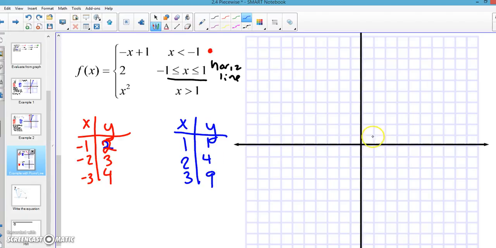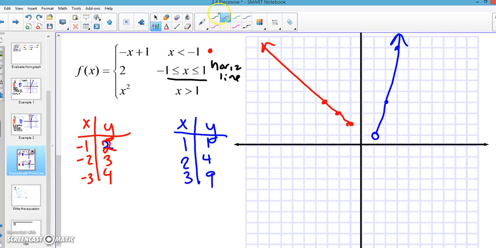Okay, so plot the blue function here. (1, 1), where 1 is not included. (2, 4), and (3, 9). And that should look like the side of a parabola. Then the other function, (1, 2), (2, 4), looks like a line.